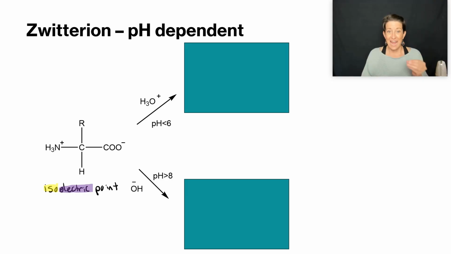So at that pH of the solution in which it's in, it has both charges present. However, amino acids or Zwitterions are pH dependent. Because they have those anion and cation, it has the ability to still act as an acid or a base. If we change the pH of the solution, it's going to change how that Zwitterion interacts within that solution.